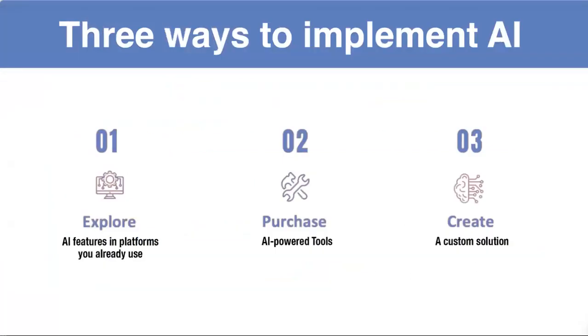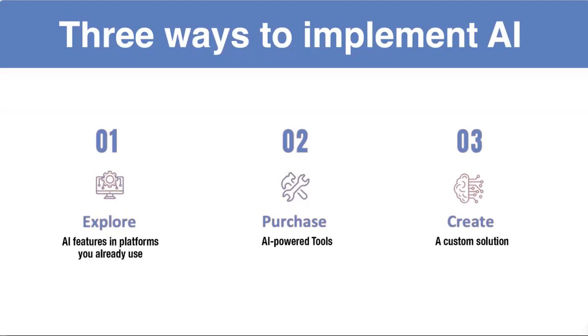So there are 3 ways to implement AI into your business. What I usually tell clients, number 1 is to explore the tools you already have, because some tried and true tools that people are used to using, like Salesforce or HubSpot, or some of the software that you already have in your business, they've probably been sending you emails all about it and you've been ignoring them, but they probably have AI features that you can start implementing already.